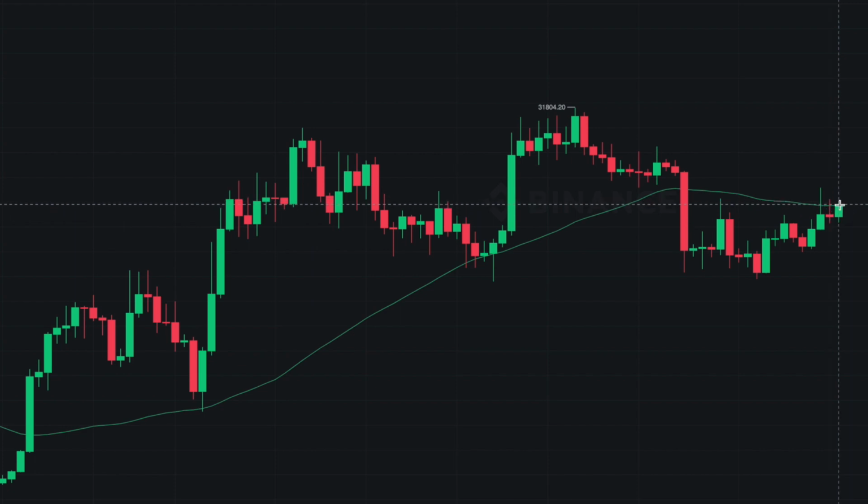And right now, we are testing that. Currently, it sits around 27.8, and I believe we have a 3-day close today, if I'm not mistaken. So therefore, just like with the 1-day, if you see the 3-day time frame close a candle back above this 50 moving average, that should be a very good sign of things to come.